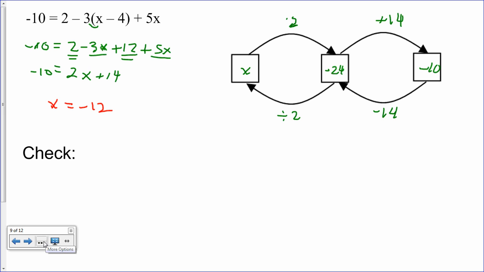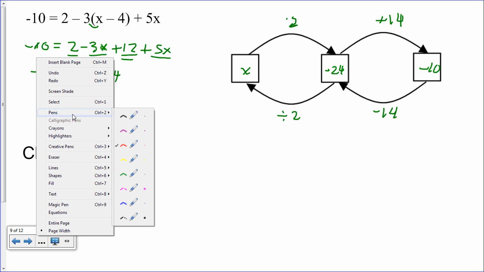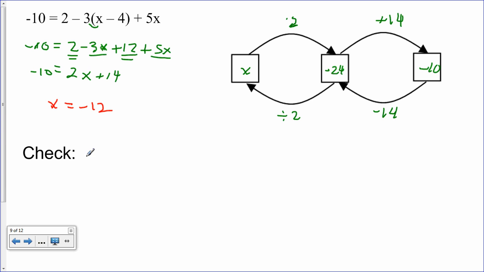Let's check it. Negative 10 equals 2 minus 3 times the quantity x minus 4 plus 5 times x.